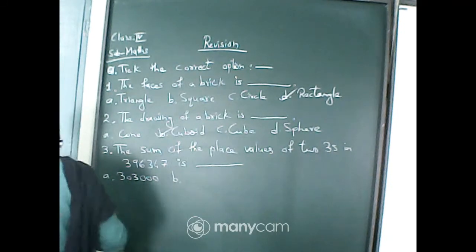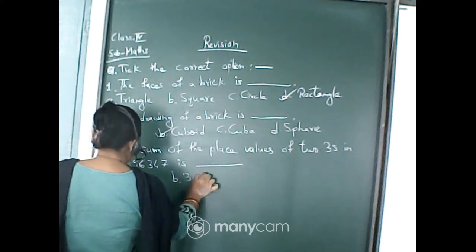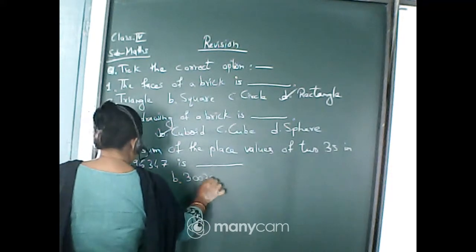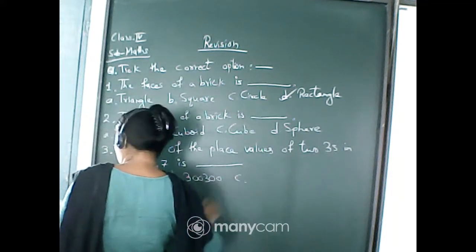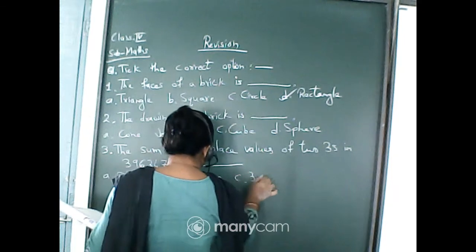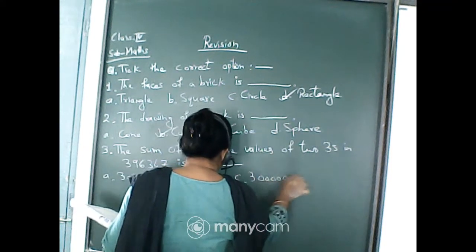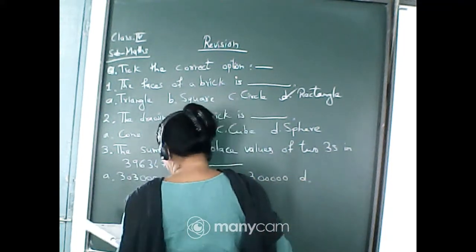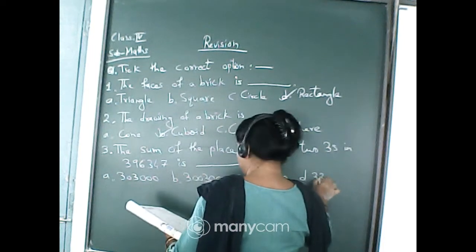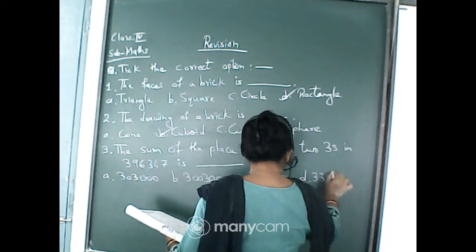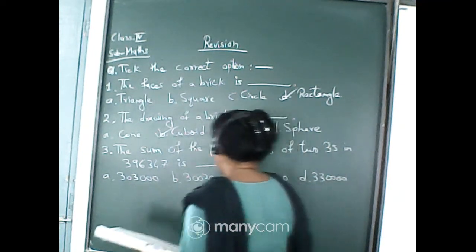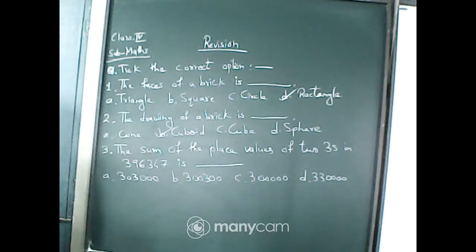Options are 300, 300, then 3 with 5 zeros and 3 with 4 zeros. You have to tell which one is the correct answer.